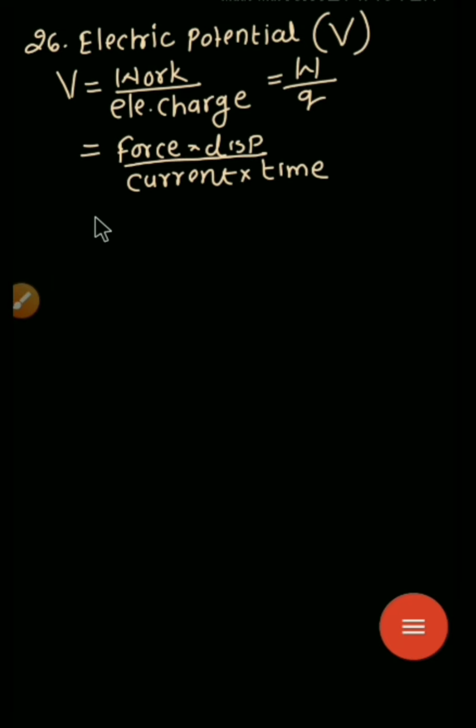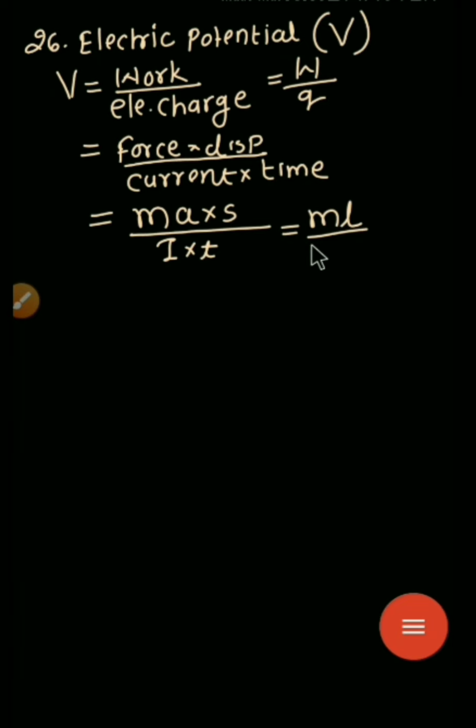So force can be expressed in terms of mass into acceleration, and displacement is S upon current I into time t. If we look at this, we have mass, displacement, that is length, upon current I. I is expressed in the fundamental quantity A, and time t.